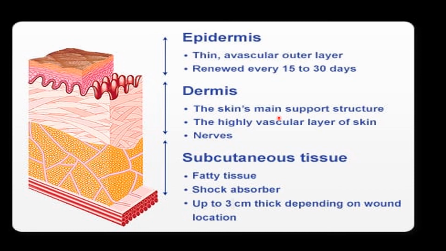So that is why it is highly vascular. The subcutaneous tissue consists of fatty tissues, and they also act as a shock absorber. Do you know what is a shock absorber? It cushions our inside organs from knocks, strains, etc. And it is about 3 centimeters thick.